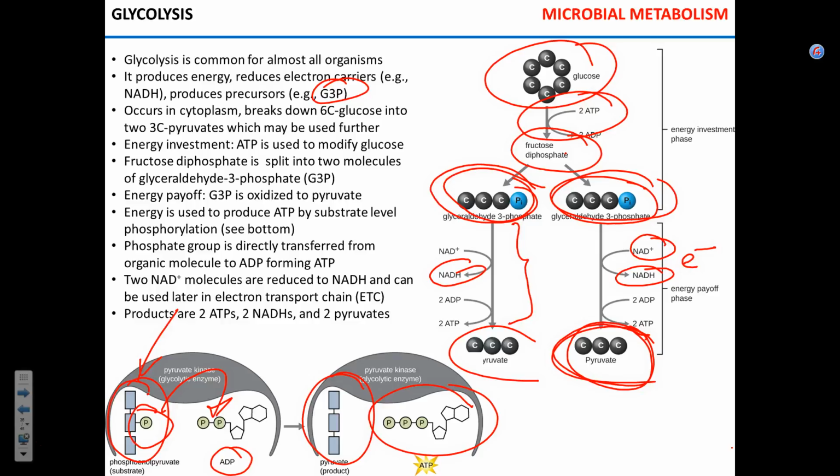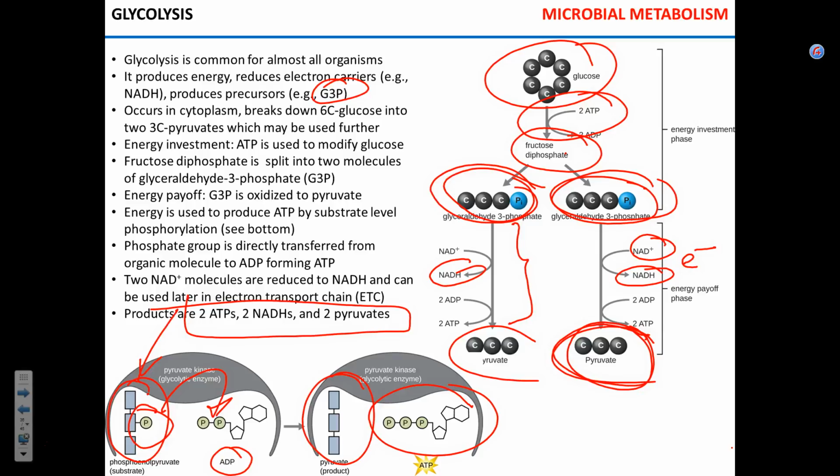So the outcome of glycolysis comes up to ATP, 2 molecules, NADH, the reduced form, the form that carries a high energy electron. Actually 2 electrons, if you think about it. NADH, 2 of them, and pyruvates, 2 of them.